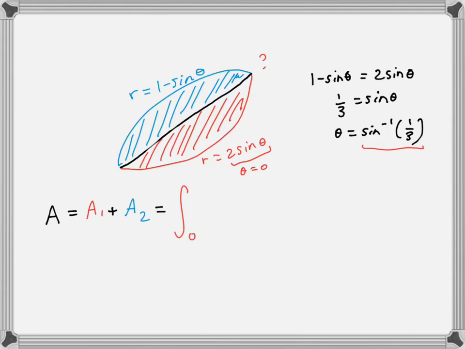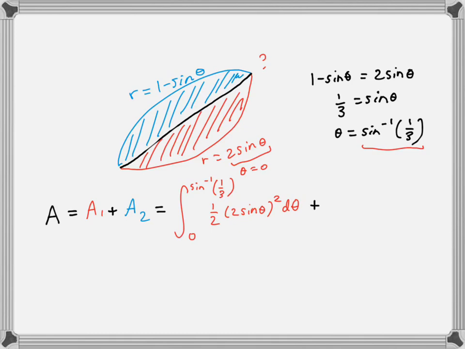So that means we're going from 0 to arc sine of 1/3. And then this is going to be 1/2 times r squared d theta. Plus. Now, everything we wrote there is going to give us the red shaded area, okay?